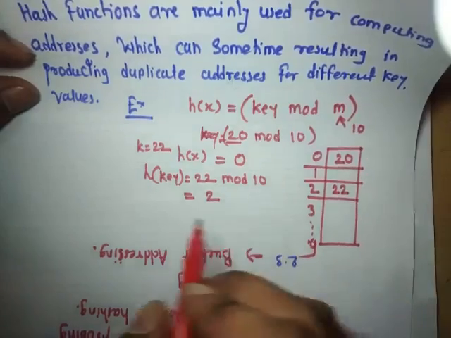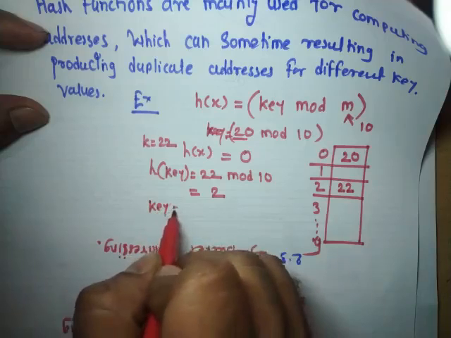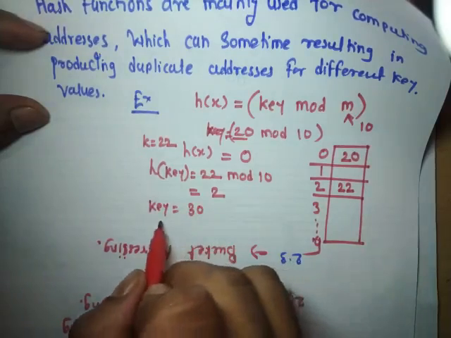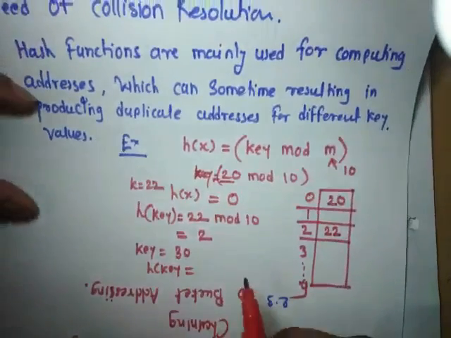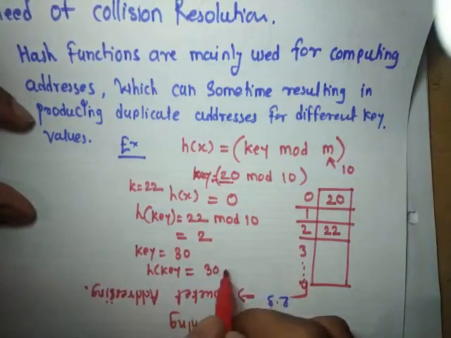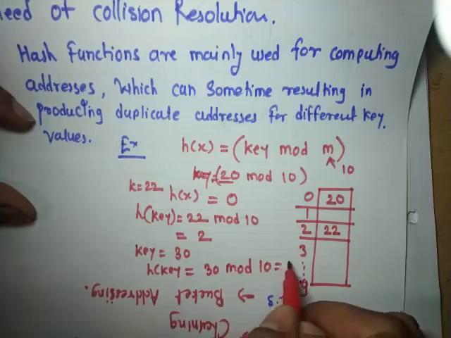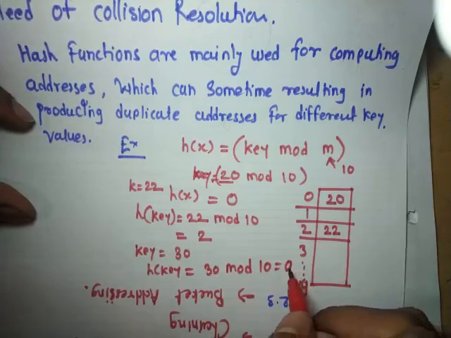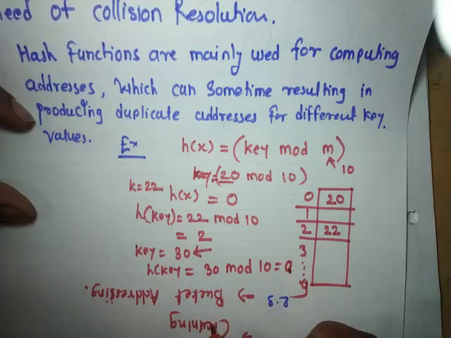Now suppose let's take key value 30. h of key is equal to 30 mod 10, so it will result in index 0. So at address location 0, we want to store the element 30.